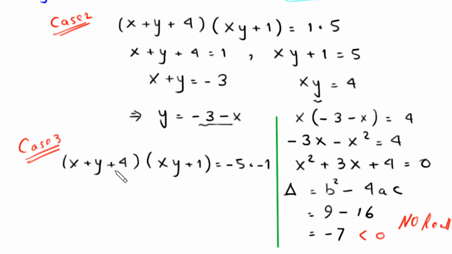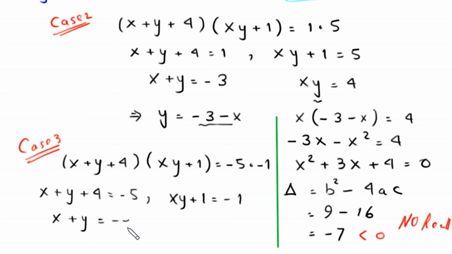So x plus y plus 4 will be equal to negative 5, and xy plus 1 will be equal to negative 1. If we subtract 4 from both sides, this implies that x plus y equal to negative 9, and if we subtract 1 from both sides, this implies that x times y equal to negative 2.